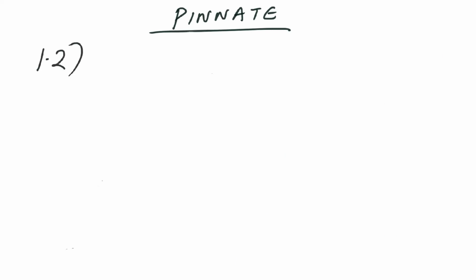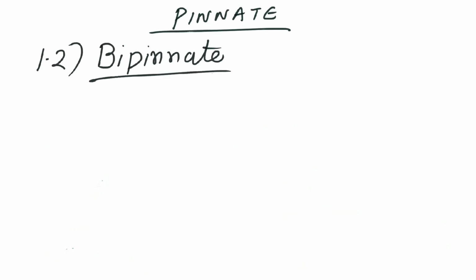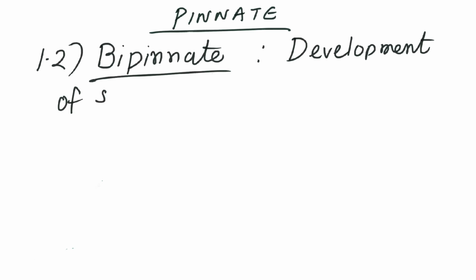So now we are going to the second subdivision under pinnate type of compound leaves, of course, we dealt with unipinnate. Naturally, the second subdivision would be bipinnate. Obviously, it means that in the first case we had a common basic rachis.